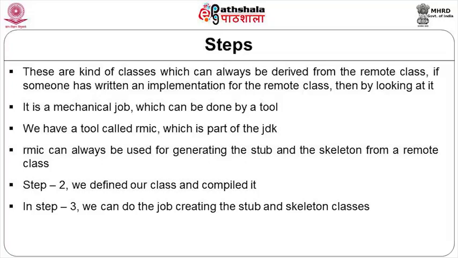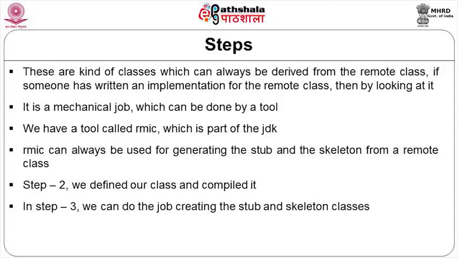If someone has written a remote implementation class for the remote object, by looking at it, deriving the stub and the skeleton classes is a mechanical job. So we have a tool called RMIC, which is part of the JDK, and which can always be used for generating the stub and the skeleton classes from the remote class.